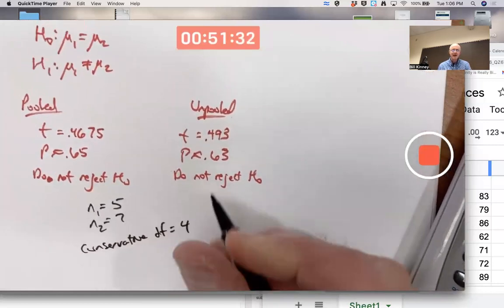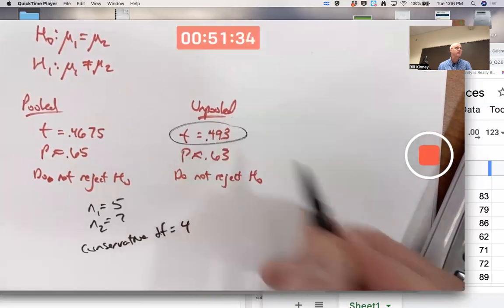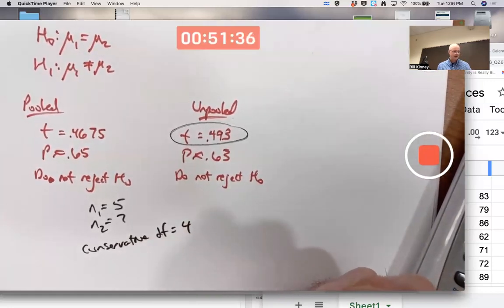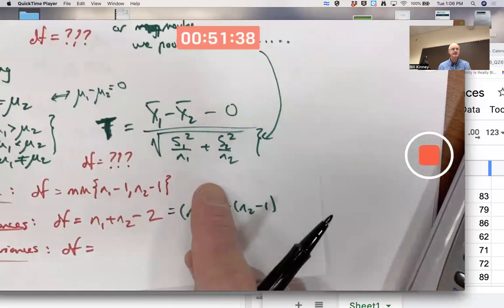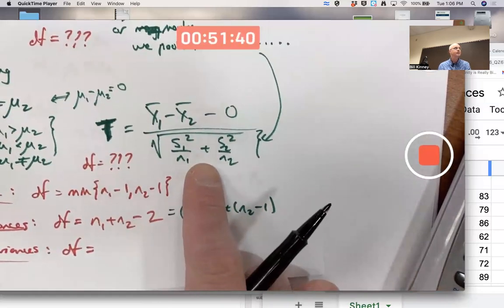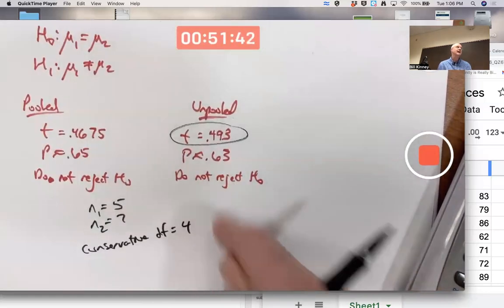If we did the same test with that approach, the t-statistic would still be the same, because I would still use this formula for the t-statistic. But the p-value would be different.